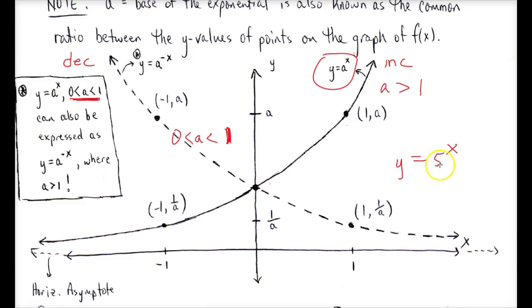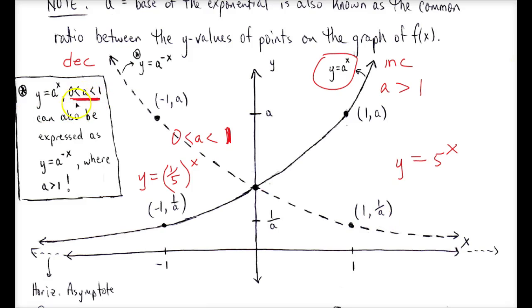Well, since a is greater than 1, then it will exponentially increase. On the other hand, if I come over here and I say let y equal 1/5 raised to the x, then of course that would be an exponentially decreasing function.